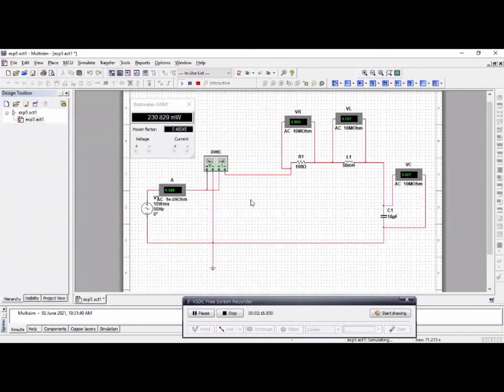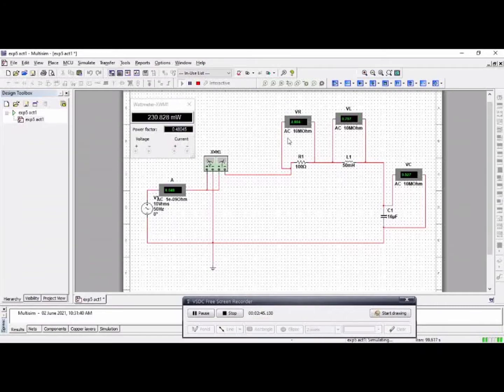We find the reactive power by Q equals P times tan theta, and then we get the answer for reactive power. You can refer to the calculation in the report and this value.